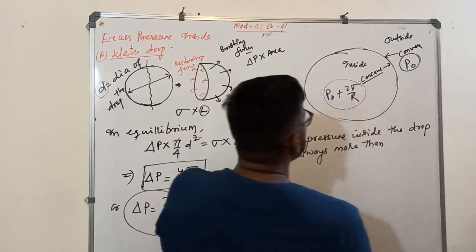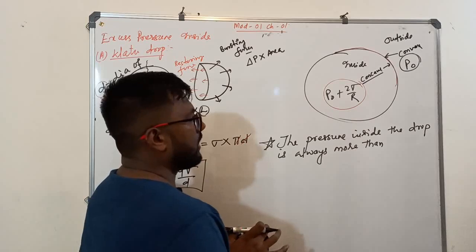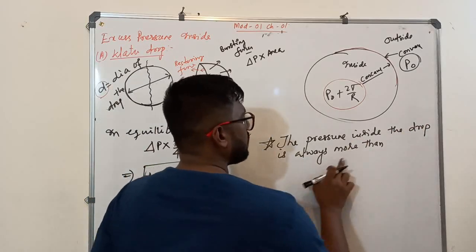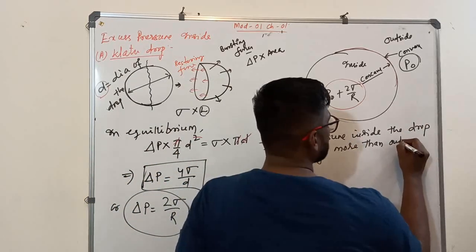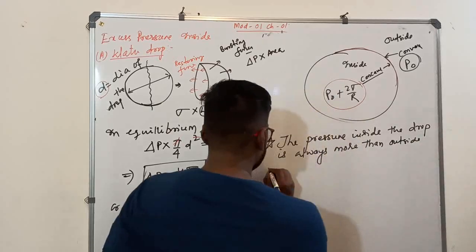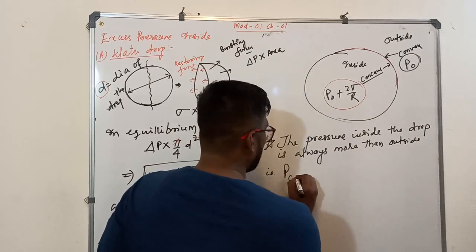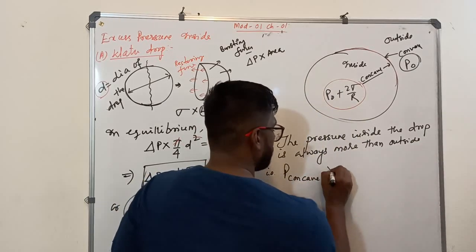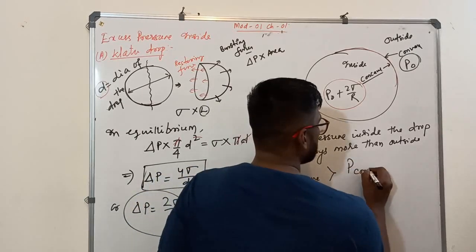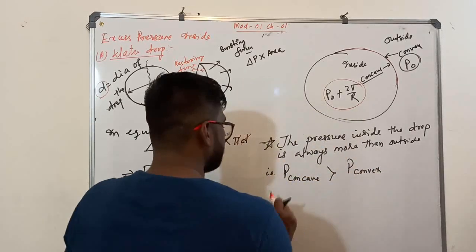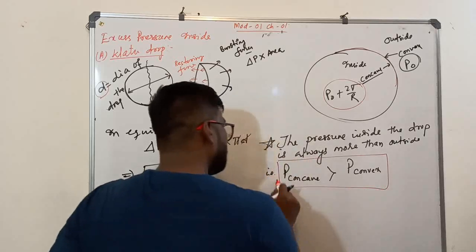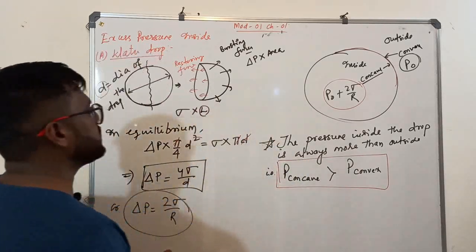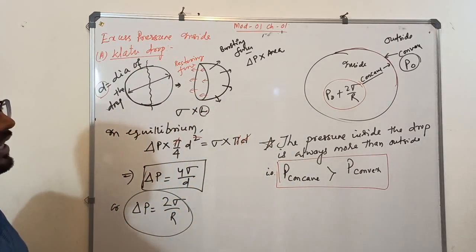On the concave surface it is P naught plus 2 sigma by R. So the pressure inside the drop is always more than the outside. That is, P concave is always greater than P convex. Remember this. The concave side pressure is always and always more than the convex side pressure.